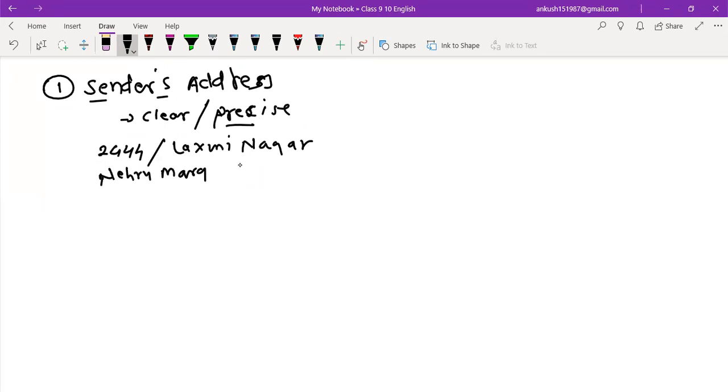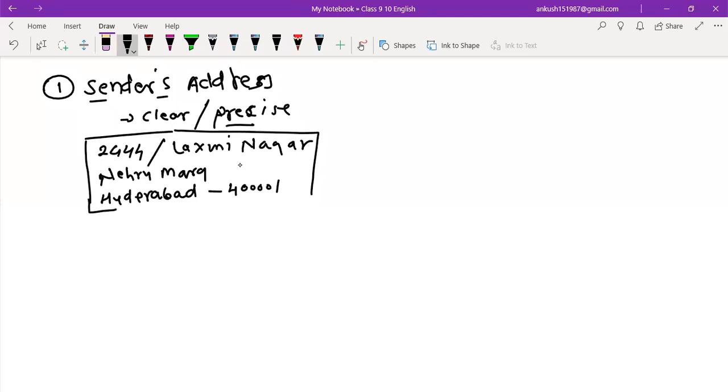After that, you may write Hyderabad. After that, you may put their pin code. So after the sender's address is the date, right? So how many lines did I write here? Only 3 lines.